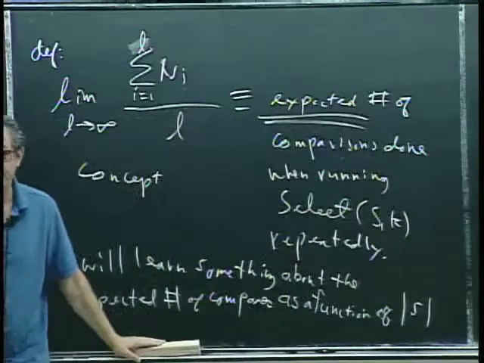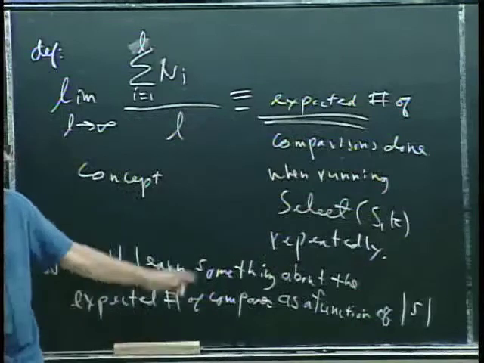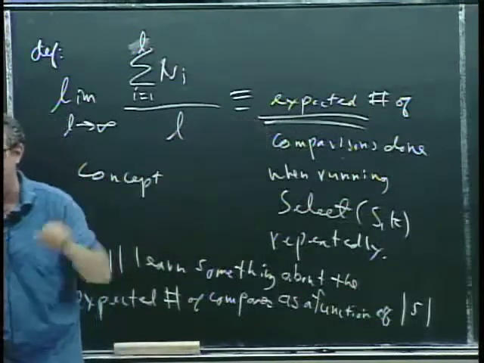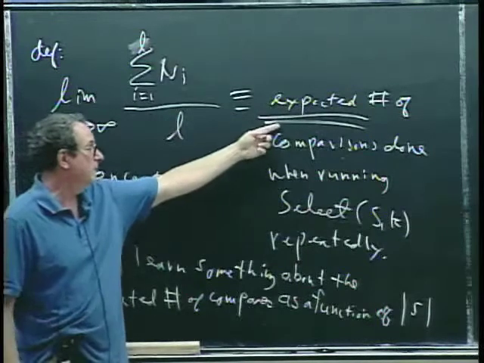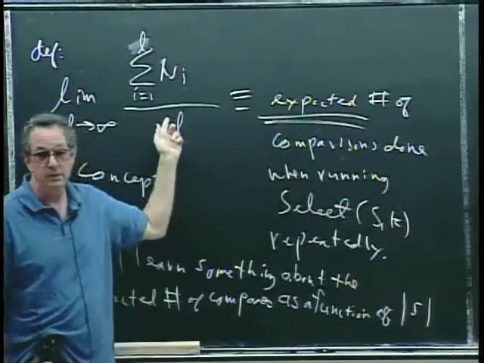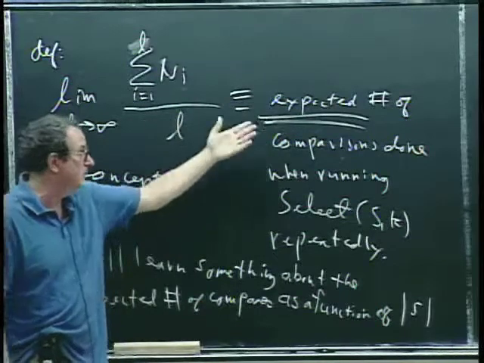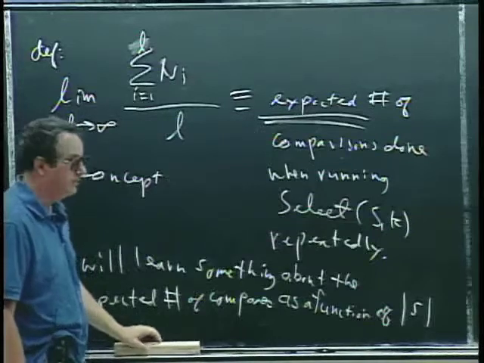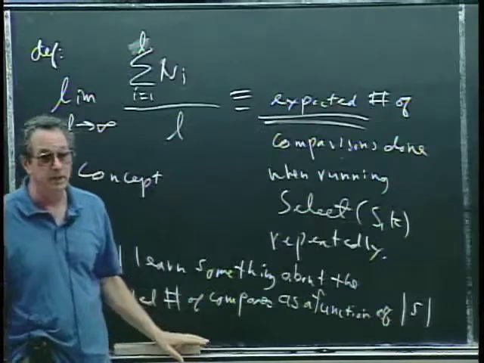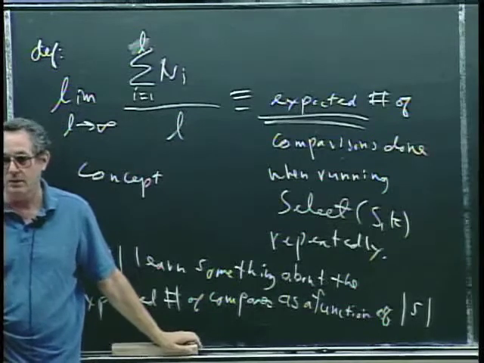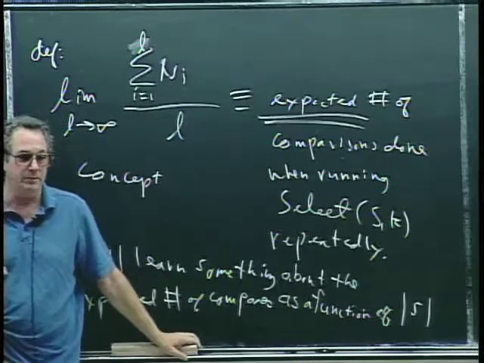comparisons. All right? Now, this word expected, the first time I used expected, I said that's just in a colloquial sense. Now, this has a real mathematical meaning. It's this thing. And expected value, expected number, those are mathematically defined and have a mathematical meaning. Not necessarily equivalent to the colloquial meaning of expected.